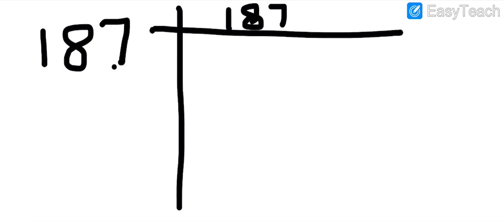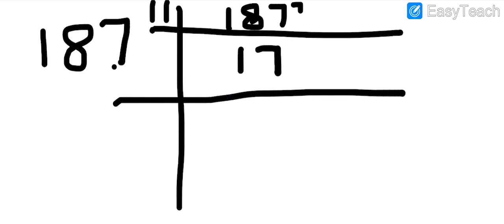11 1s are 11. And we'll move 7 over here. Right? So it will become 77. So 11 7s are 77. Okay. Now 17 is a prime number and we know it. As I said, it's a very rare situation where we move on to numbers other than the prime numbers till 11. So here we have 17.